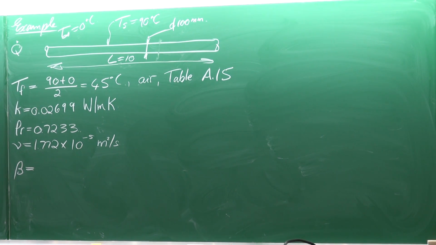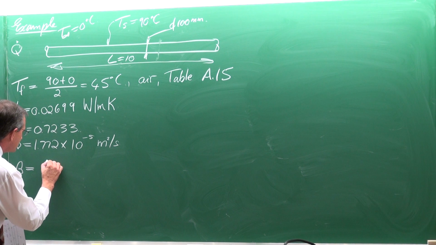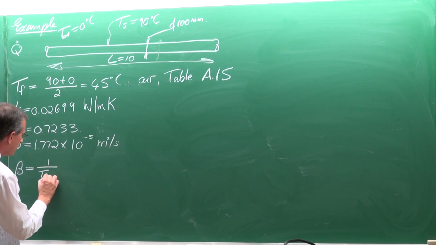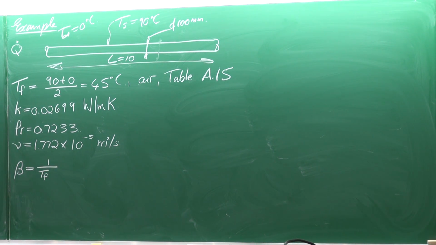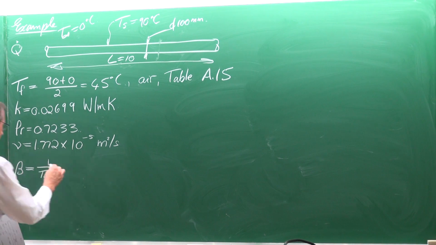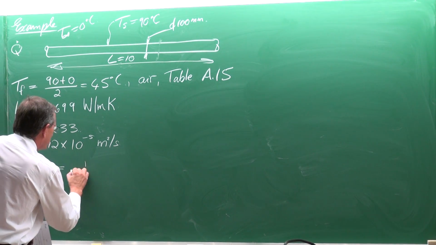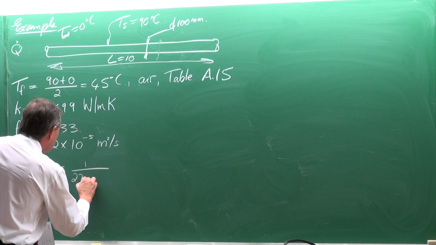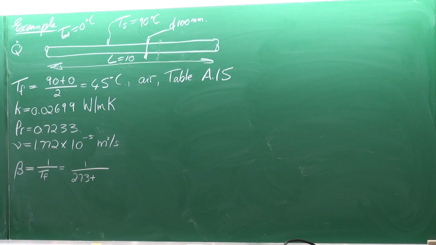Now, if you think back of the theory, then you might remember that for an ideal gas, we can say it is equal to 1 divided by the film temperature. Okay, so that is what we're going to do here. It is going to be 1 divided by 273, take note, it's in Kelvin, plus 45.